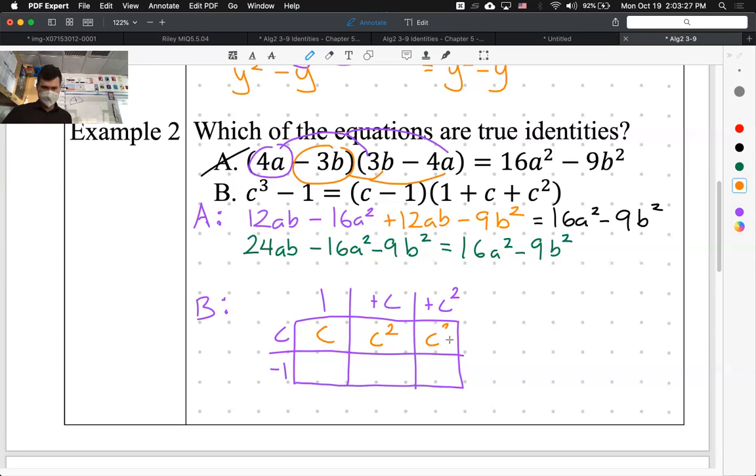C to the power of 3. I know these masks make it so I can't hear you guys. And then let's get everyone that hasn't participated twice. So Gunnar, 1 times -1. Close. -1. Cohen, C times -1. Negative C. Fernando, C squared times -1. Negative C squared. Jenny, combine like terms.